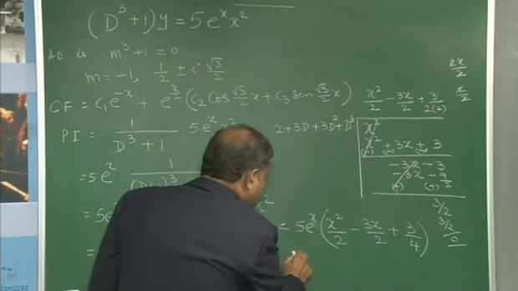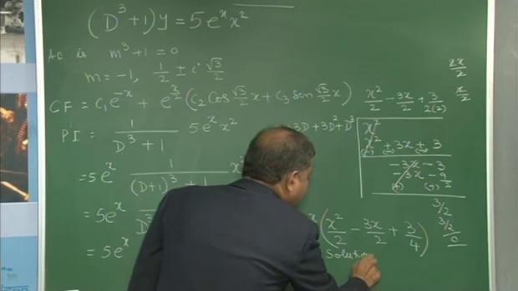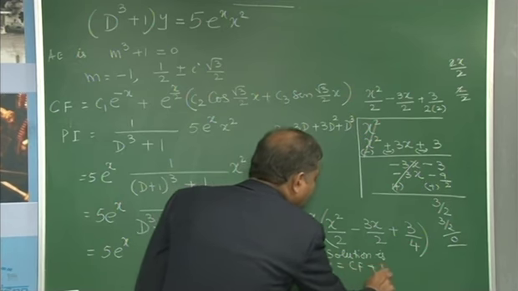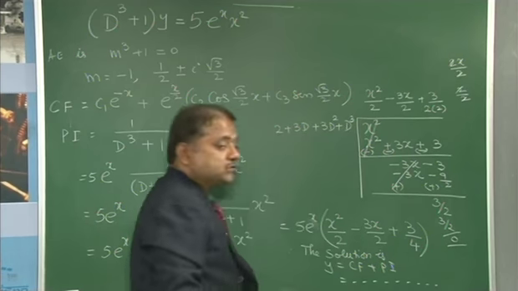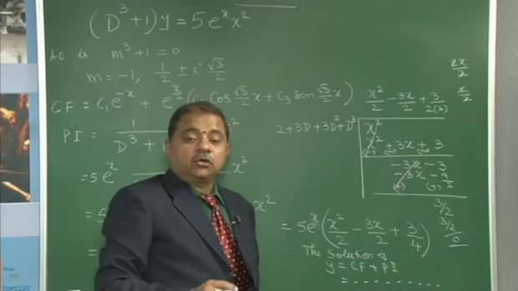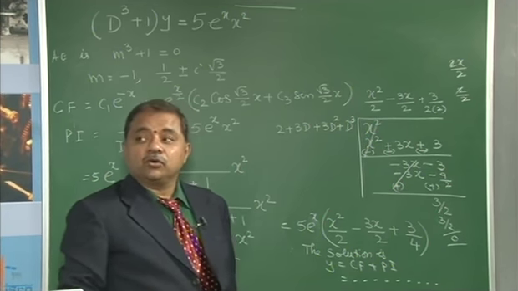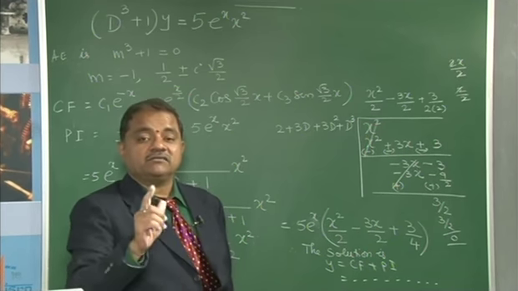Therefore, the solution is, again and again we are telling, don't forget it, y is equal to CF plus PI. Therefore, you write all the solutions. So, 2 examples for the type 2 reduction, 2 examples for type 3 reduction we have seen.